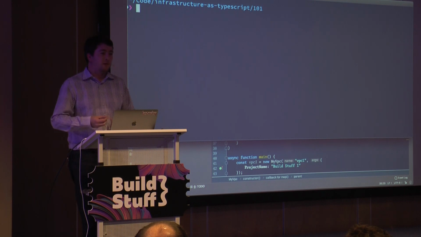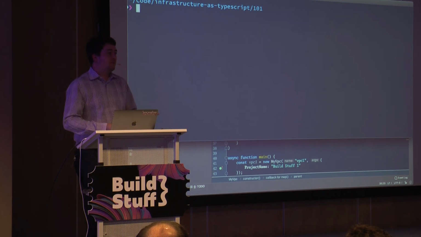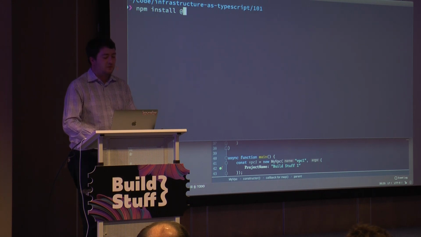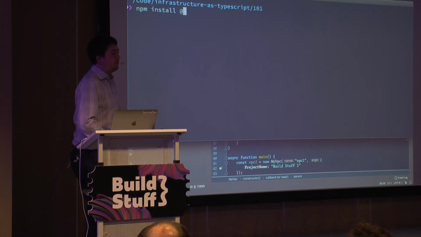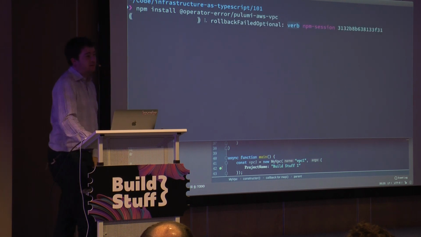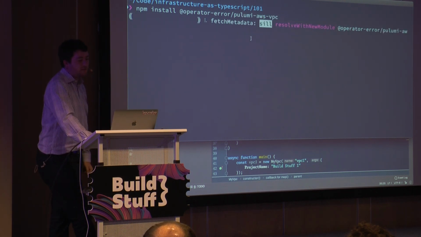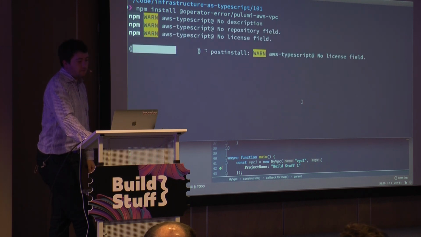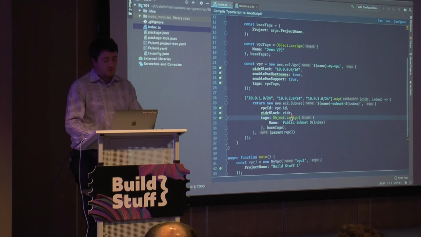So we've learned that if you want reusable libraries in software, you publish them as packages. So in this case, we could go and say npm install, and then I have a package that represents a complete VPC that's open source. So I can say that the name of it is this. So I can just go and install this entire modular infrastructure as an npm package. Okay.